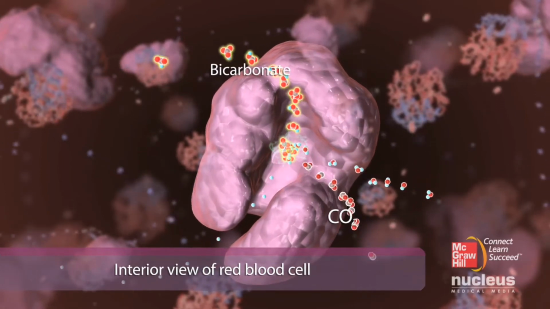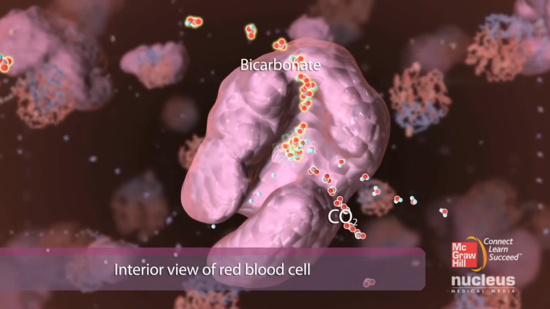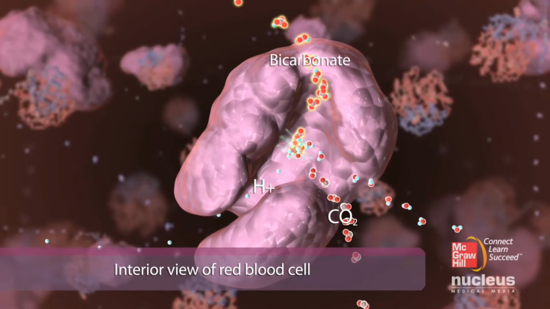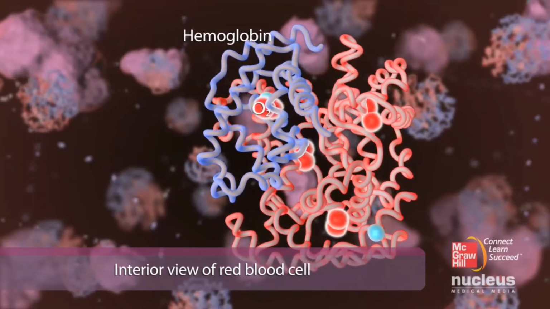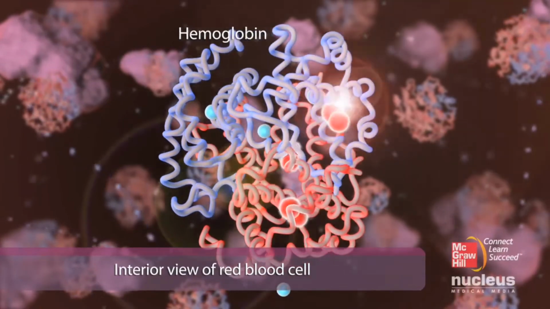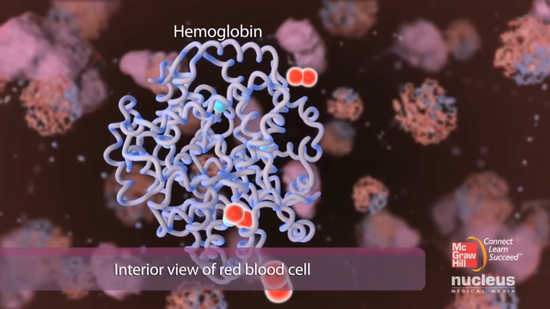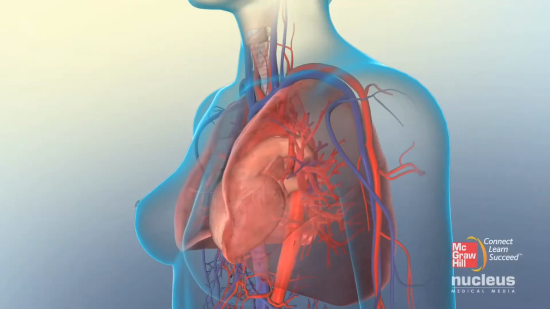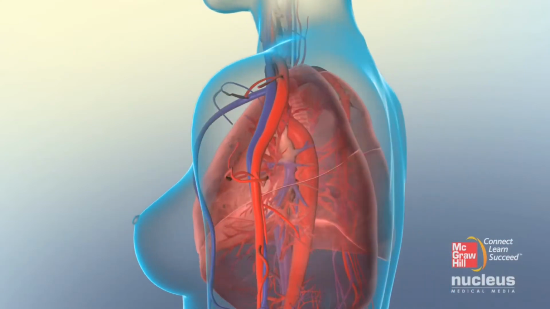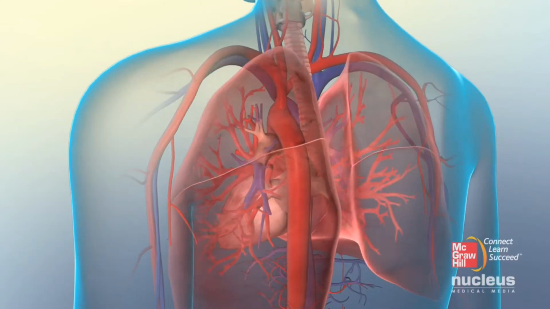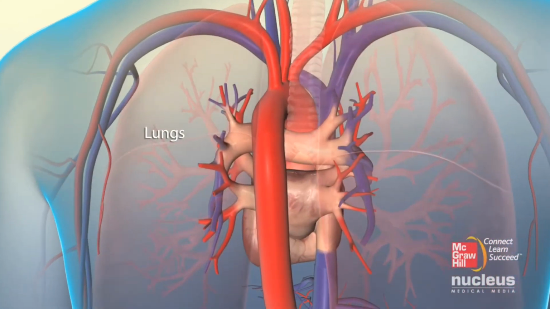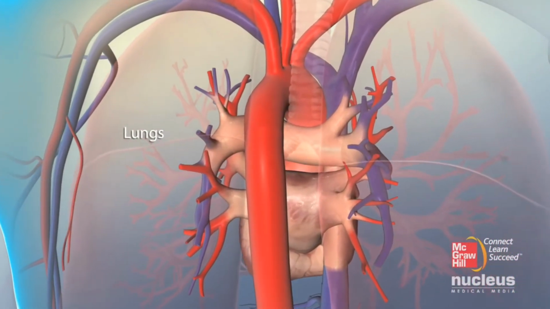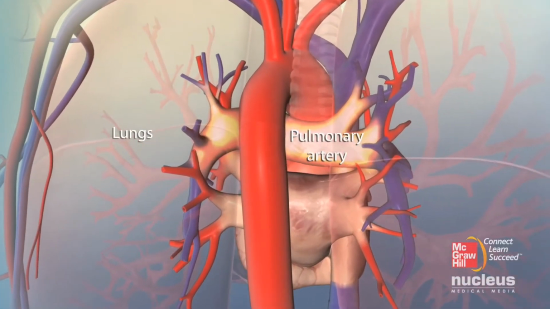Converting carbon dioxide to bicarbonate releases hydrogen ions that decrease oxygen affinity for hemoglobin, freeing the oxygen to be delivered to tissue cells. After delivering oxygen to the tissues, the carbon dioxide-rich blood returns to the lungs through the venous circulation and then to the pulmonary artery.